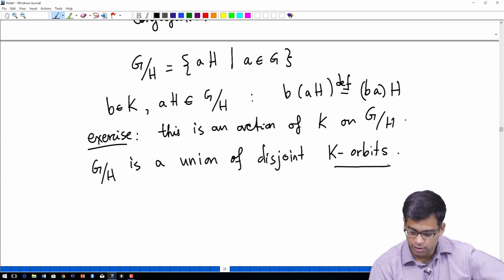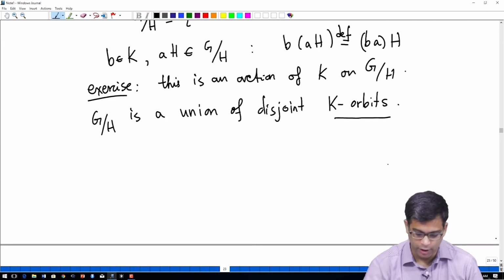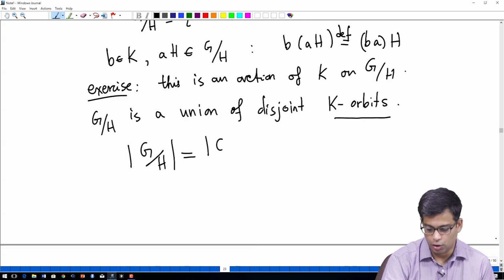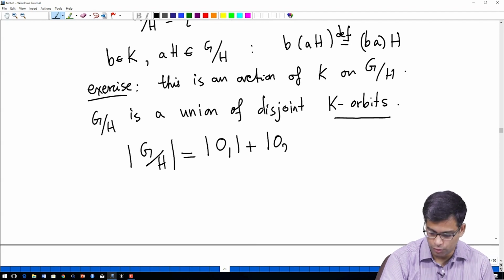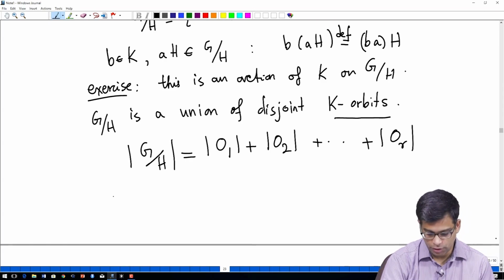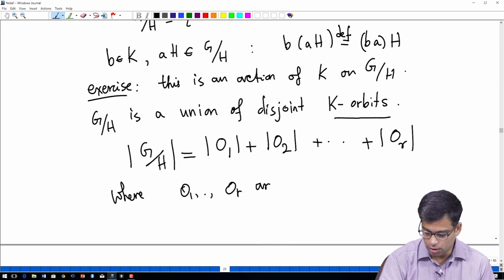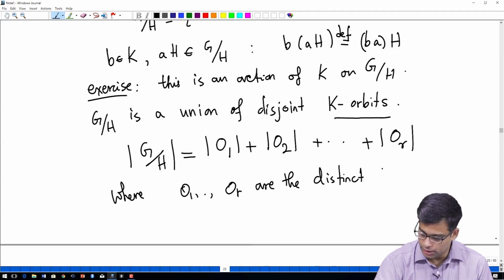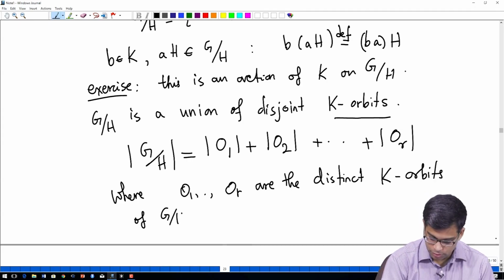So, G mod H is a union of disjoint K orbits. That means we can write the order of G mod H as order of O1 plus order of O2 plus and so on up to order of OR, where O1, ..., OR are the distinct K orbits of G mod H.